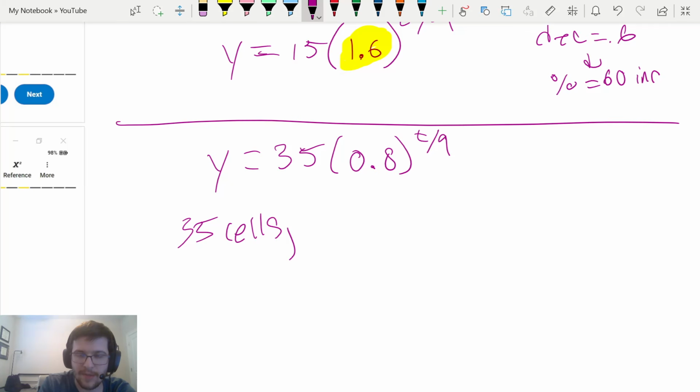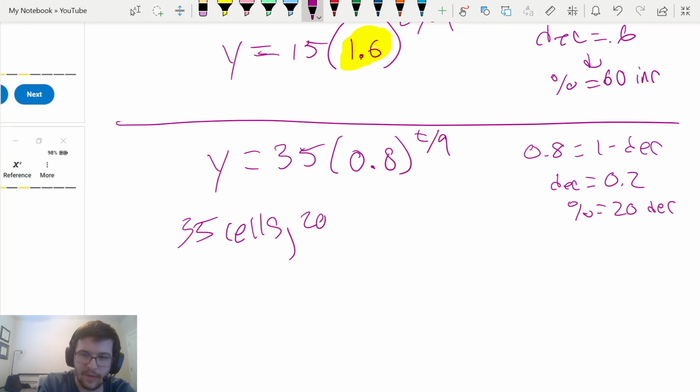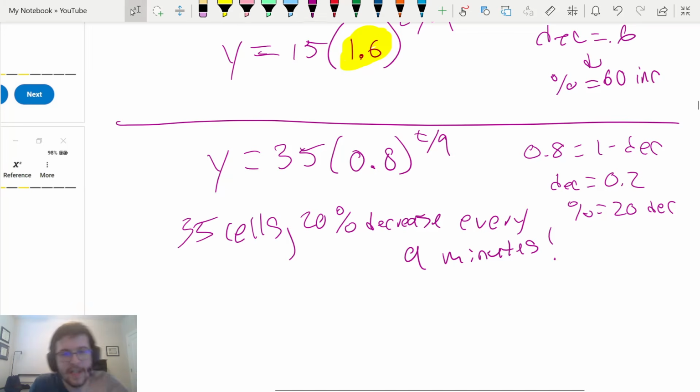That's between 0 and 1, so that's a decrease. So 0.8 equals 1 minus the decimal. So the decimal is equal to 0.2. So the percent is equal to 20, decrease. So it's a 20% decrease every 9 minutes. Okay. So you see, that was a hard one, right?